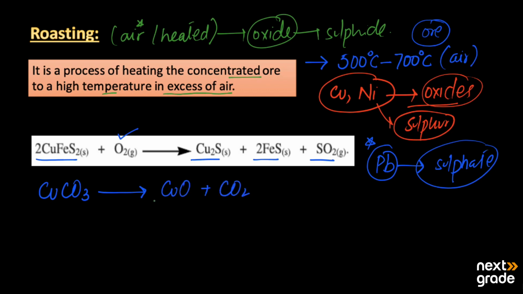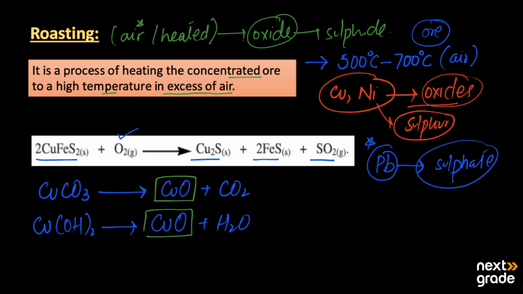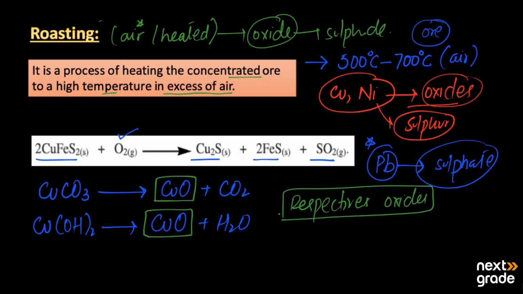If we have the hydroxide, we can also convert it into its oxide, cuprous oxide, along with the production of water. This is the simple roasting of the ore in the presence of air at high temperature. As a result, they are oxidized, producing their respective oxides. So this was a simple process of roasting.